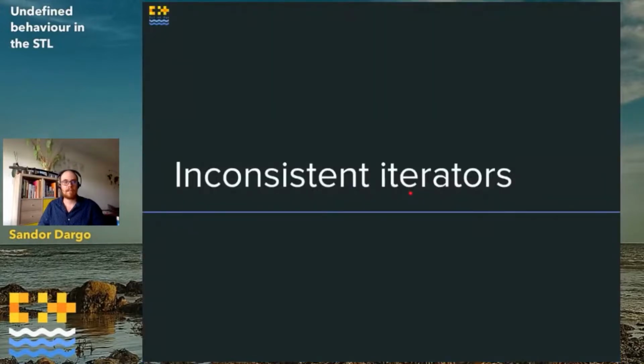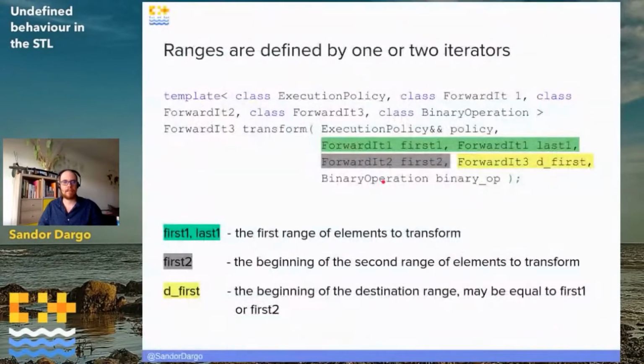So now let's look into the inconsistent iterators. These are cases when we fall between the cracks. We fall between, in fact, two ranges, and we just mess up everything. But why is that? How can it be? So let's take, for example, the signature of the transform algorithm.